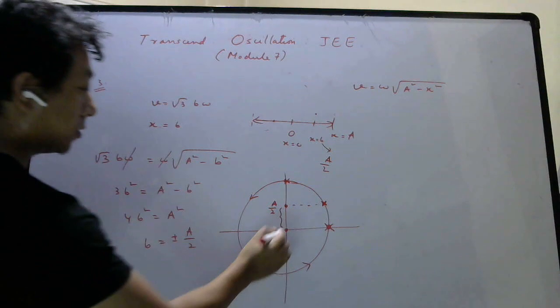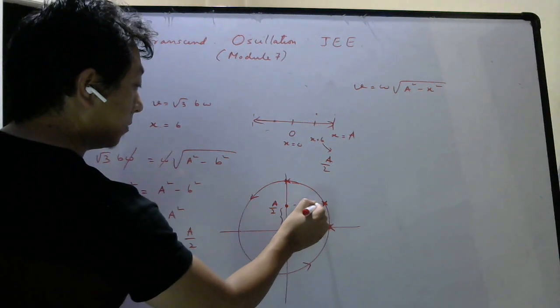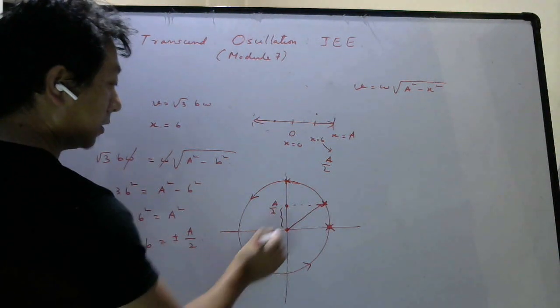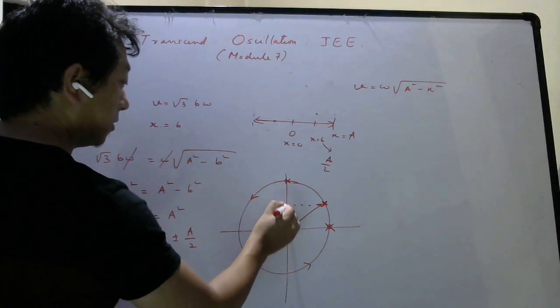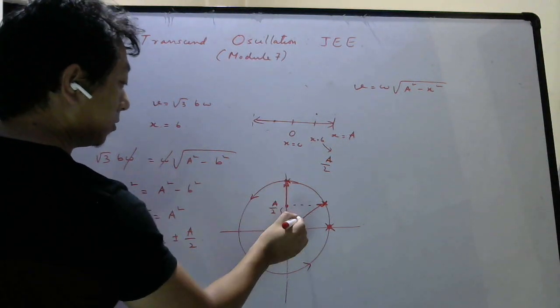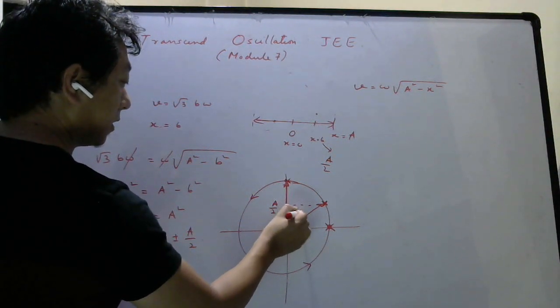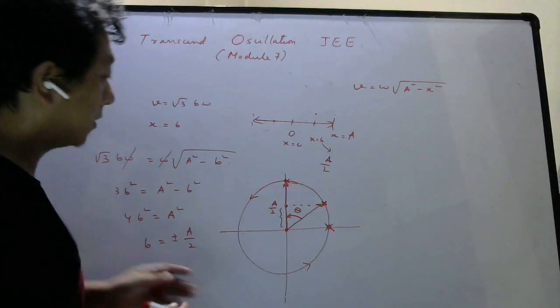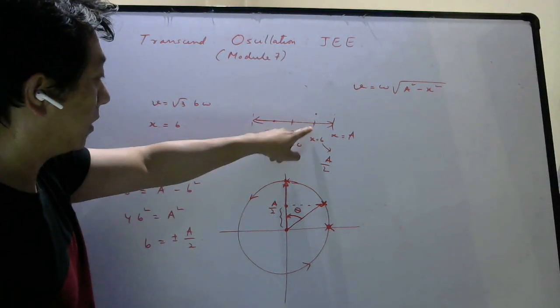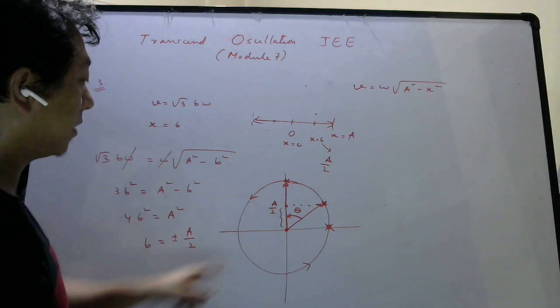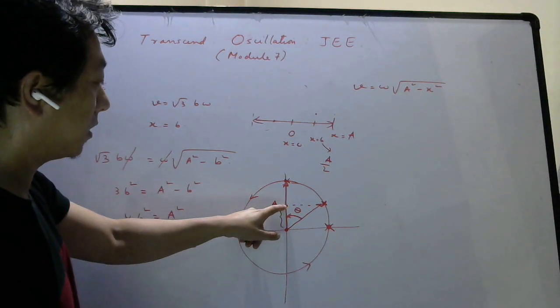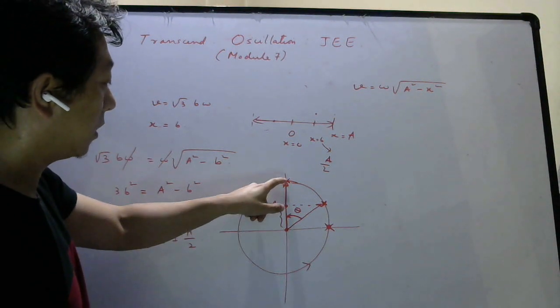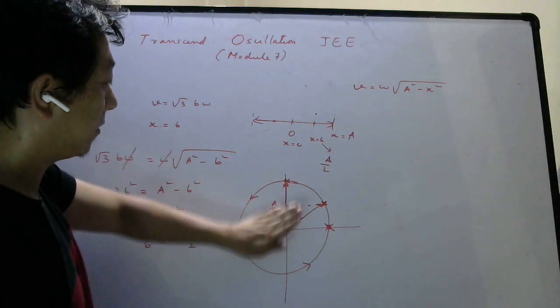So the reference particle has to turn from this position vector to this position vector. So it has to turn by what angle? This much angle, theta, isn't it? So the particle is at b, which we found is a by 2. So it starts from here, and then it has to go to the extreme point on the same side.